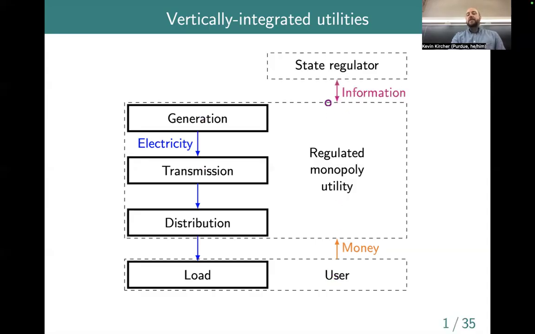And then there's an information exchange between the utility and the state regulator, which is either elected in about 10 states or appointed by governors in about 40 states. Basically, the regulator says yes or no to stuff that the utility might want to do.